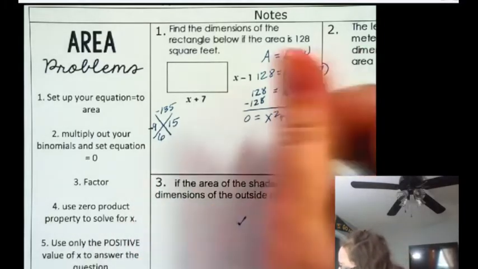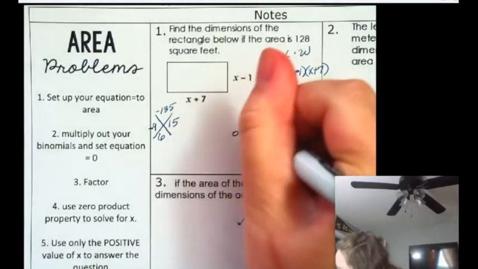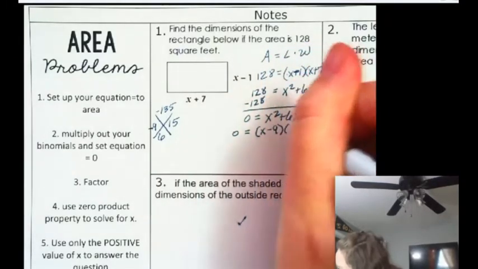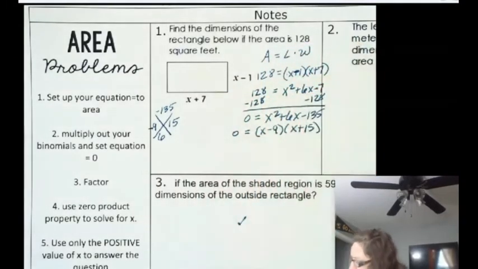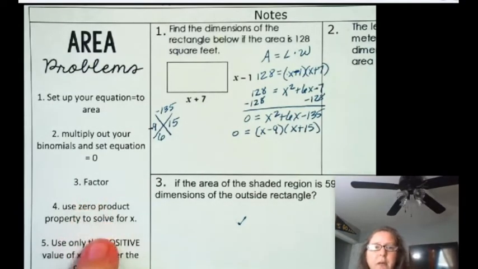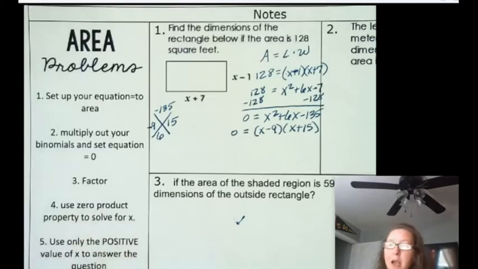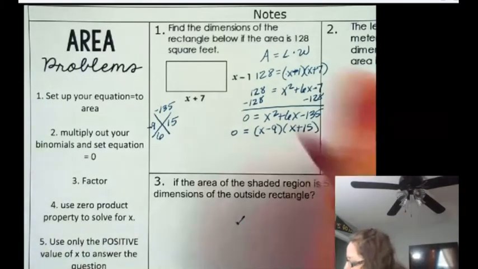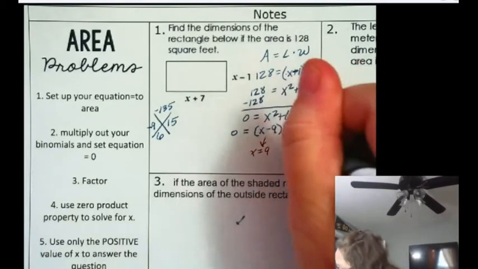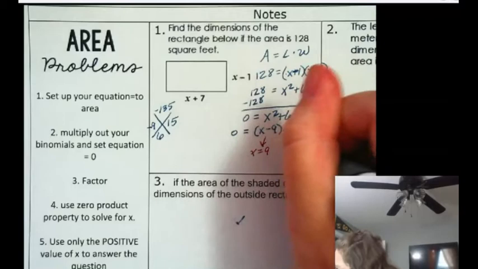So here are my factors. 0 equals x minus 9 and x plus 15. And so we've done step 3. We factored it. Step 4, use the zero product property to solve for x. So I'm just going to shortcut this and say x equals 9 or x equals negative 15.